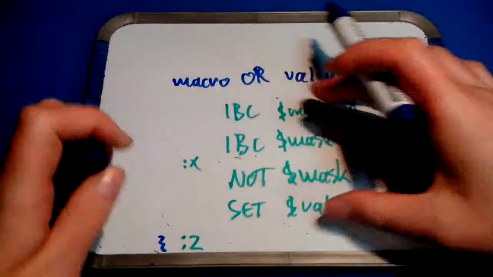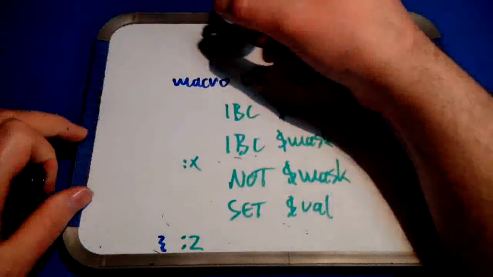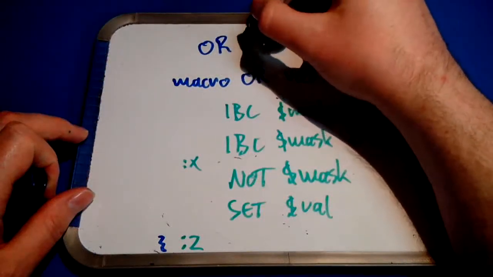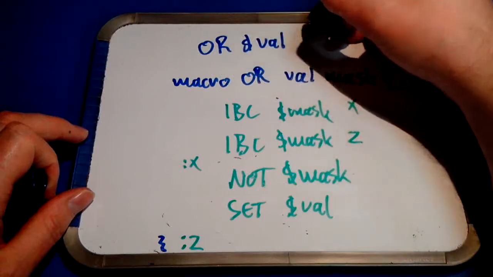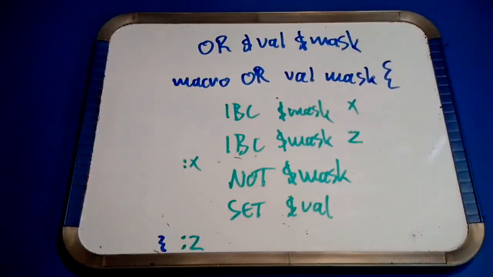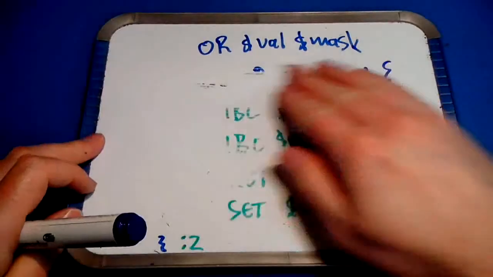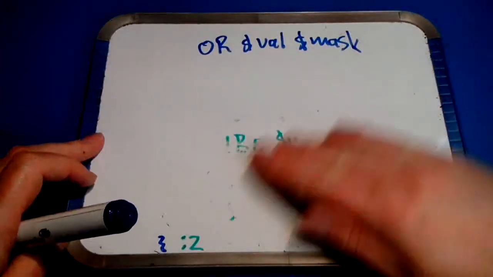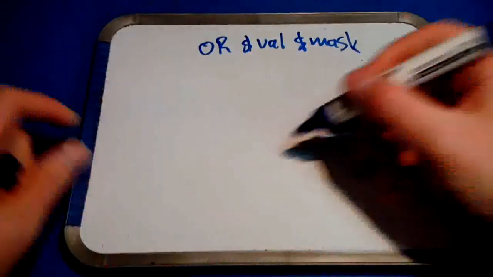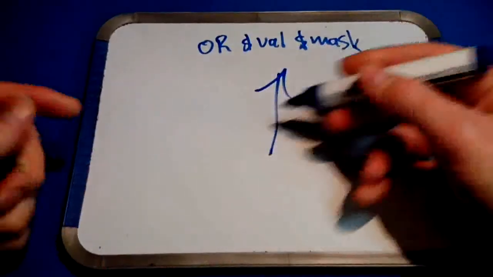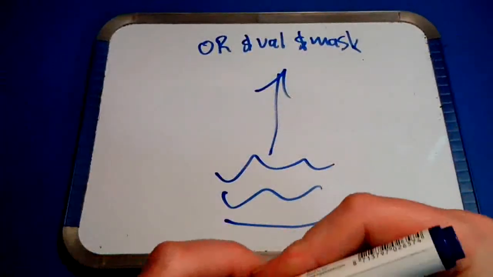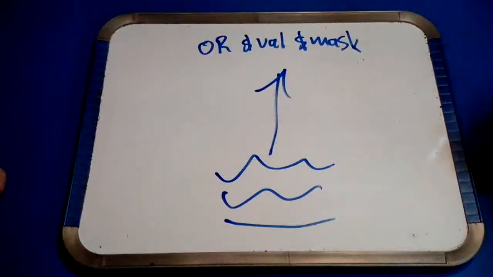So now instead of writing this, the green code, we can simply write OR with val and mask. Once again we can move the implementation of the macro into a separate file. It's not needed anymore. So this is much easier to read than some hex words, I think. So that's basically how it works.